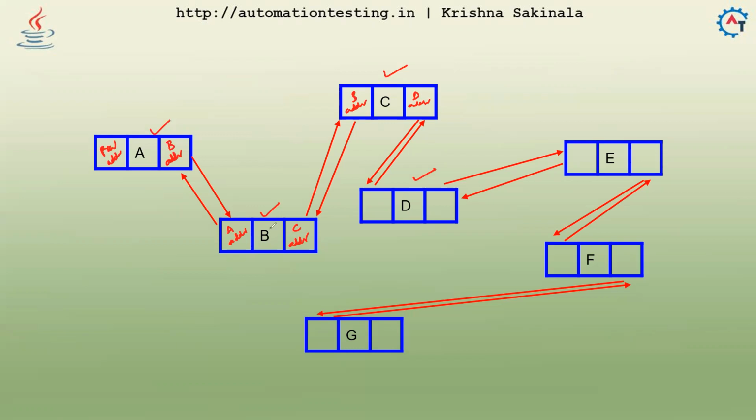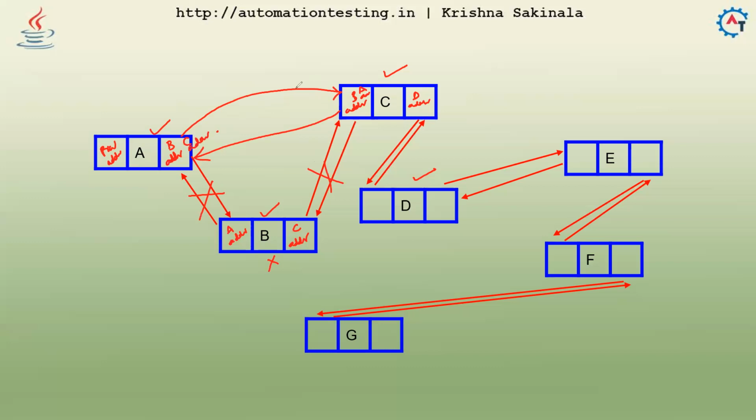But if you remove some element in between, say you removed B, then this linkage will be gone and it will link to the next element like this. Now C will have A address, and A will have C address. That's it.